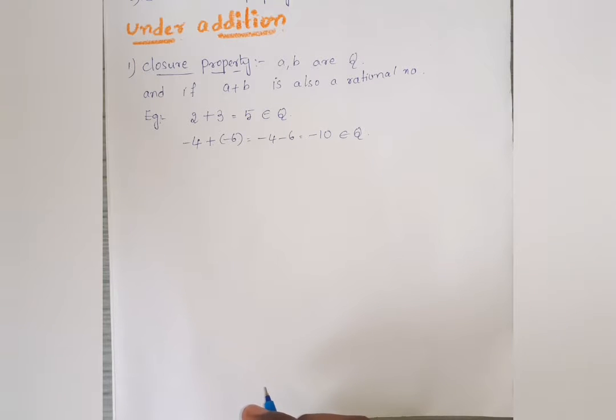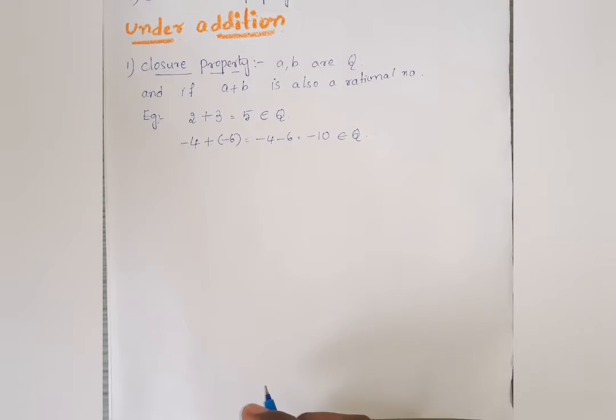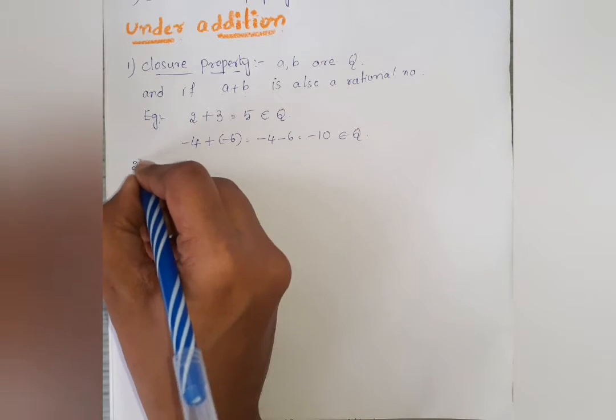Hope this is understood. Let me explain the next property, that is the associative property.